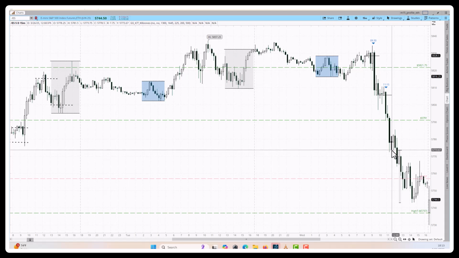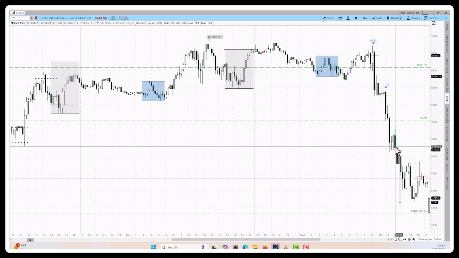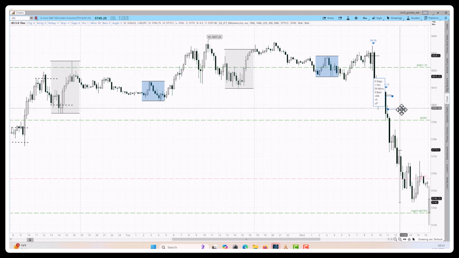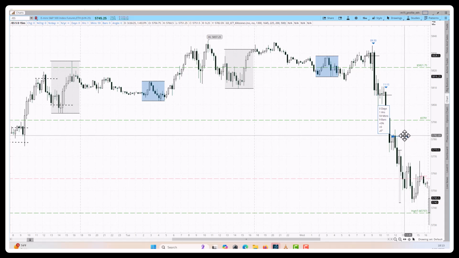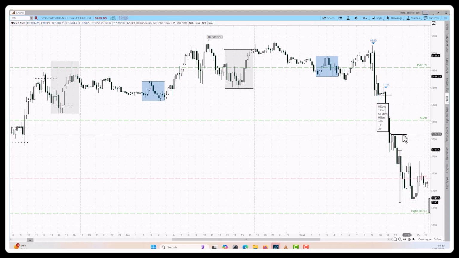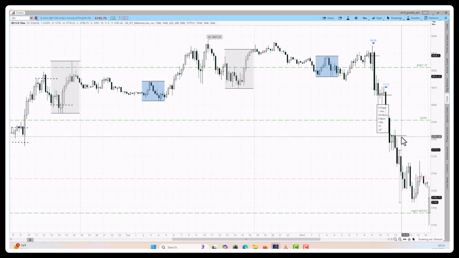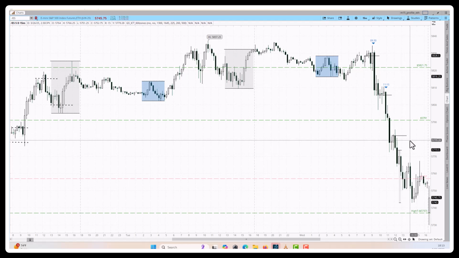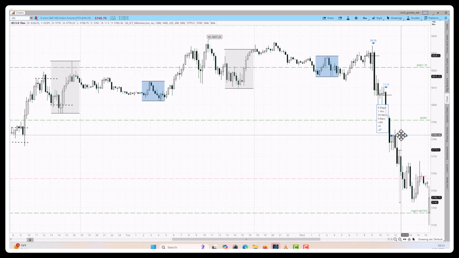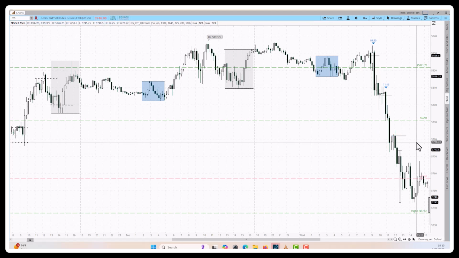Because this one did not sweep the sell side liquidity, as soon as it breaks this level, short right away. Don't hesitate.